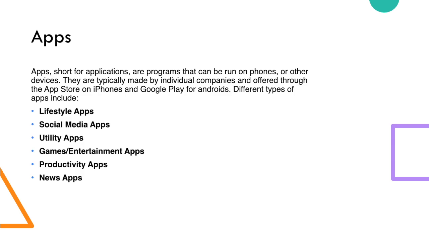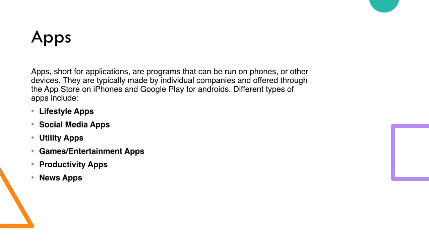So these apps are made by individual companies and offered through the App Store on iPhones and Google Play for Androids, sometimes the Samsung Store as well. We'll go into apps in more detail in next week's class, but some different apps include lifestyle apps, social media apps, utility apps, game and entertainment, productivity apps, and news apps.